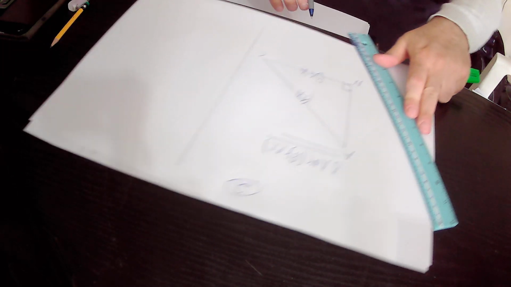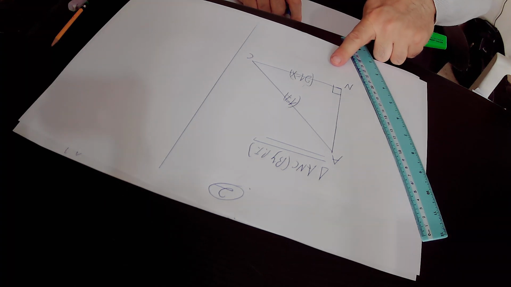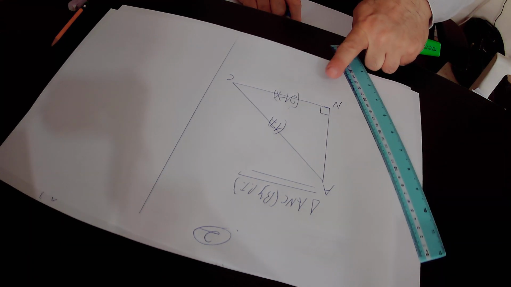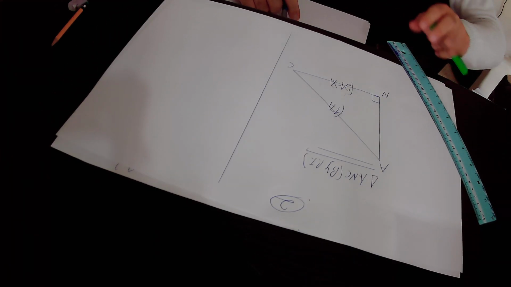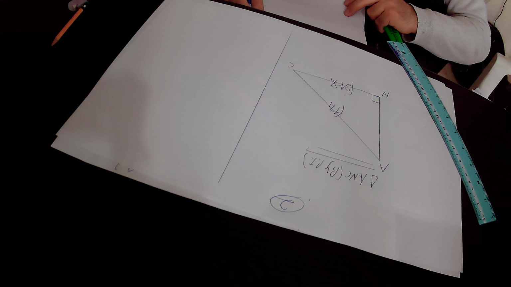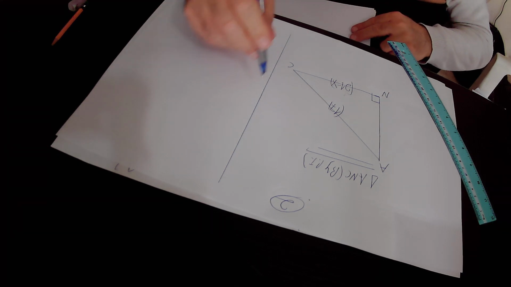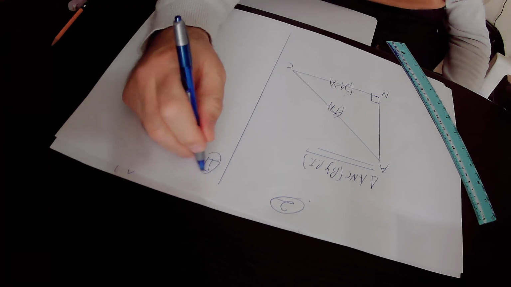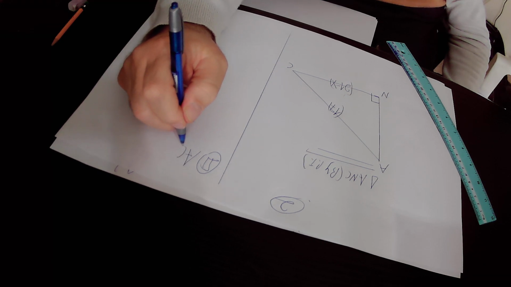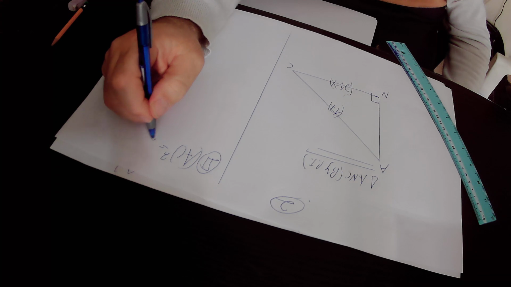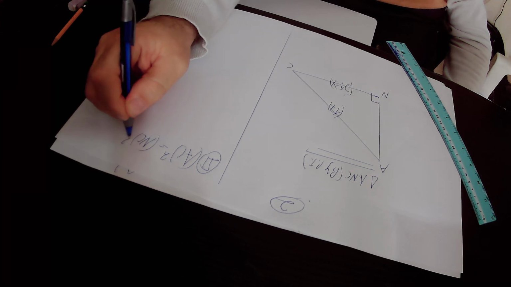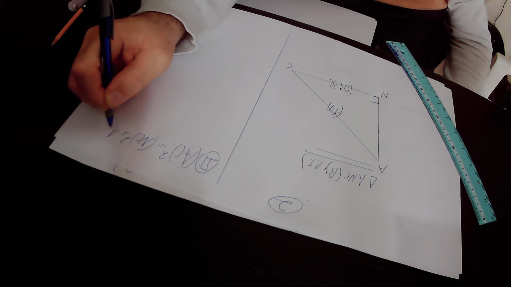So actually, this is the right triangle ANC taken from the original drawing. According to the Pythagoras theorem, in this right triangle ANC, AC squared, that is the square of the hypotenuse, equals NC squared plus AN squared.